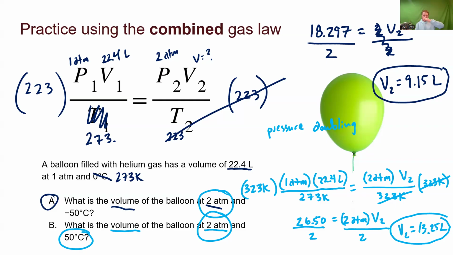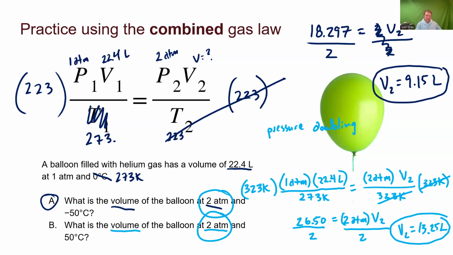But what I want you to recognize is that the difference between this number right here and this number right here was basically a 100-degree temperature difference. Now, I'm not going to ask you guys to look at a number and say what was more significant, the temperature or the pressure.